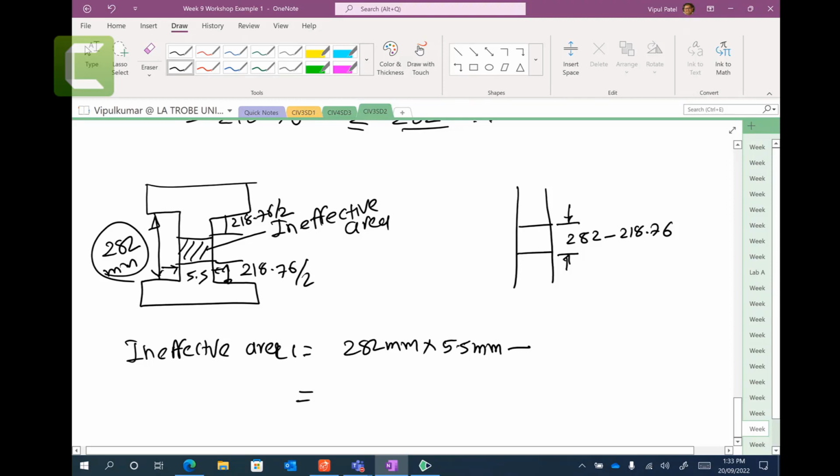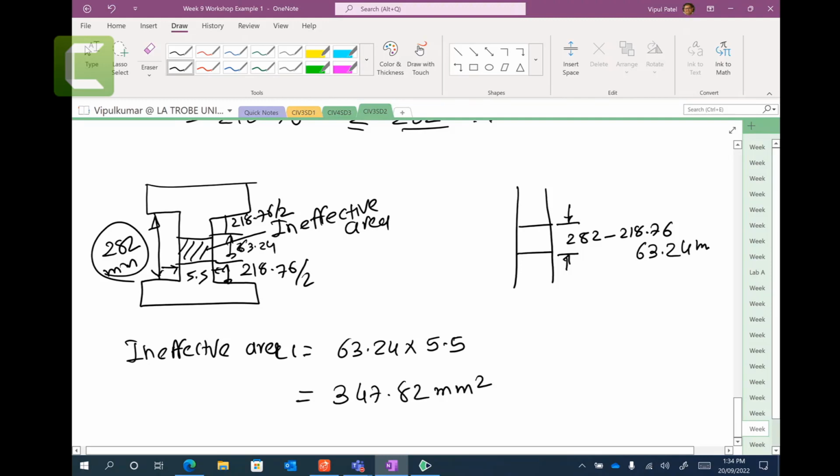You get 63.24 millimeters. So these would be 63.24. So 282 take away, or you can just do it this way, 63.24 times 5.5. You get 347.82 millimeters square. I hope you understand that.